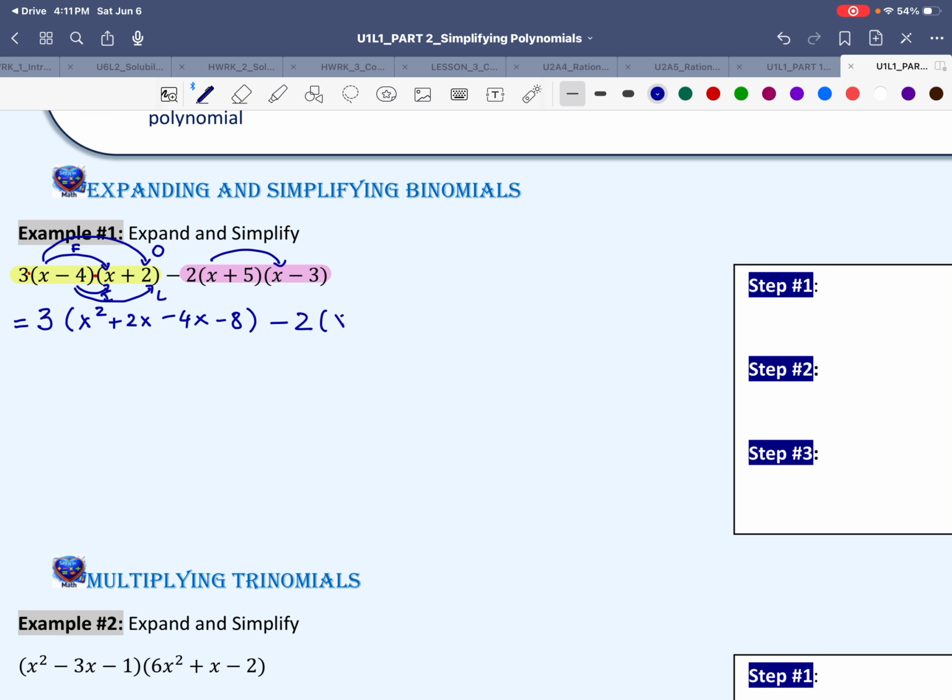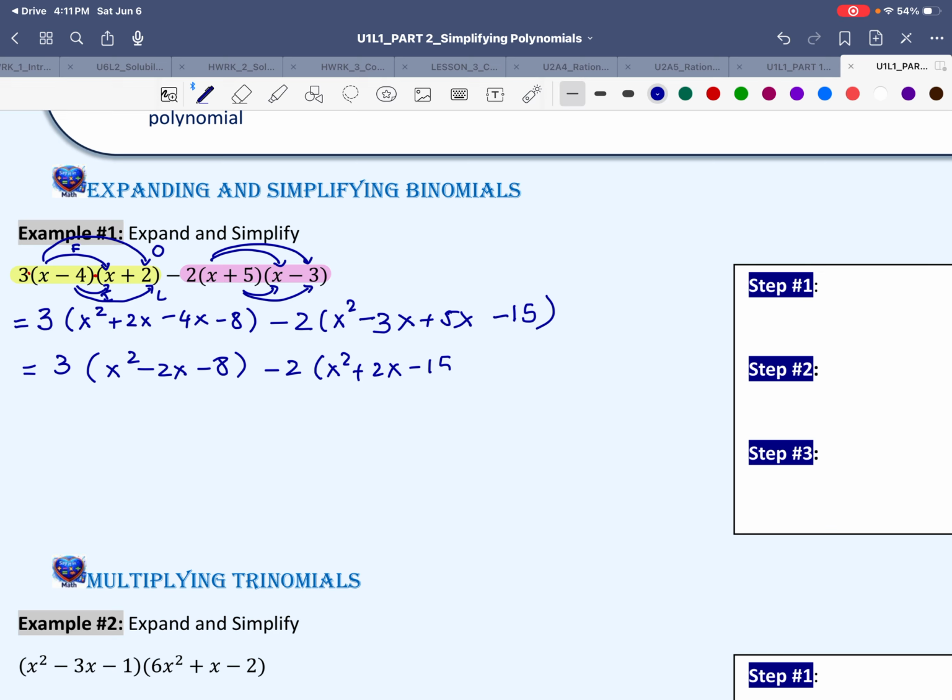So we'll multiply x squared minus 3x plus 5x and then minus 15. Obviously, here we have a little bit of work to do inside brackets. So we have to simplify. And then we have minus 2x squared plus 2x minus 15.